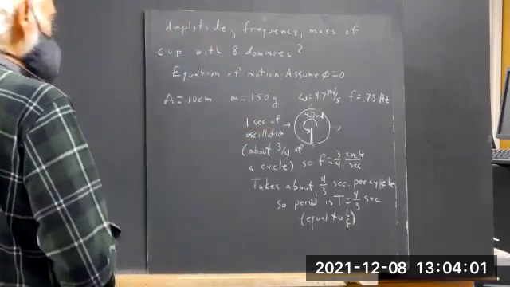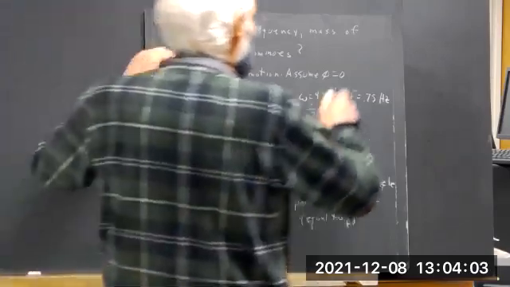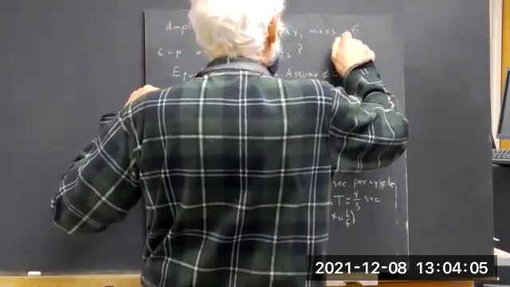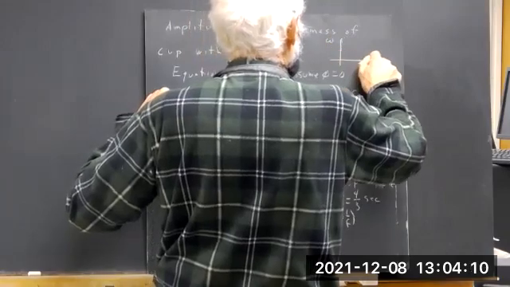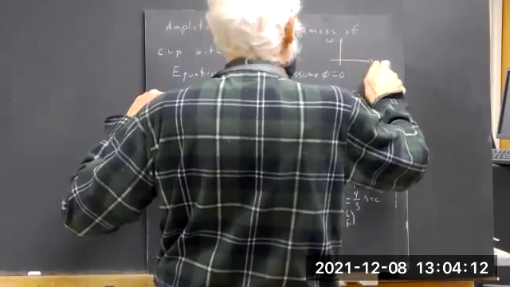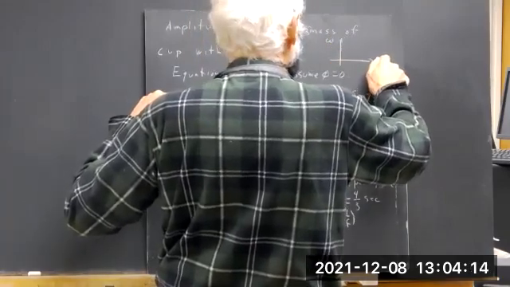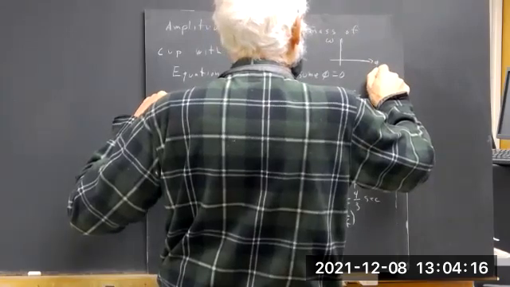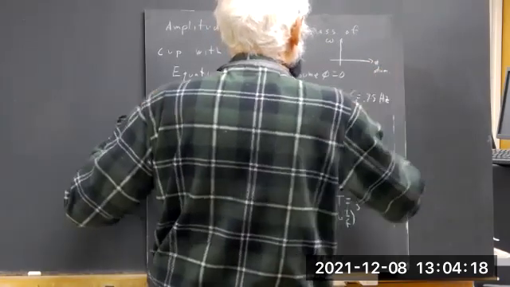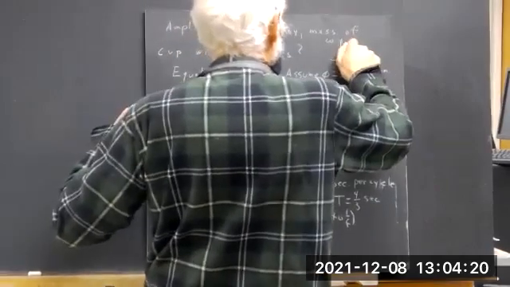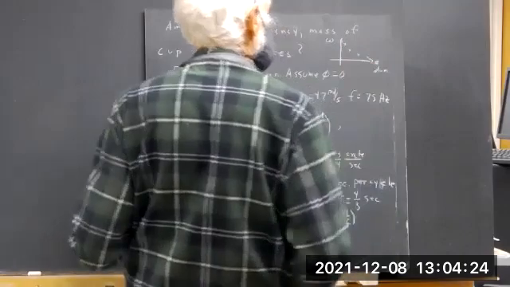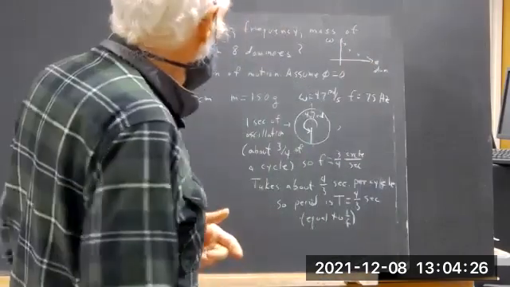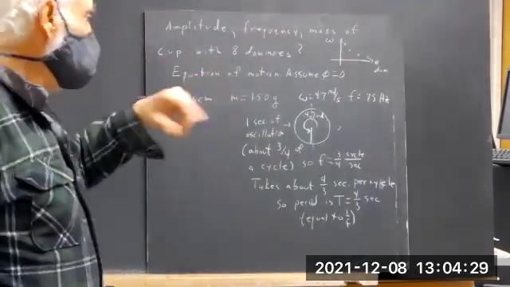Now, what people had was a graph of omega versus number of dominoes, which I asked for. The graph had the appropriate shape, kind of like this. I asked for the mass of a cup with 8 dominoes.